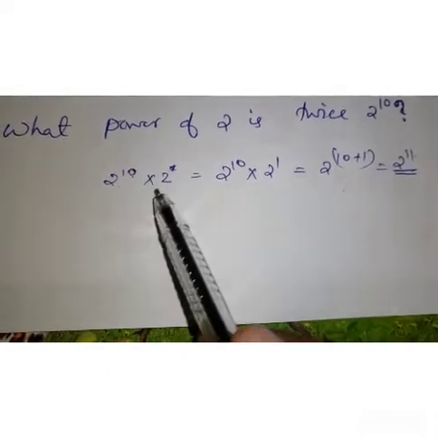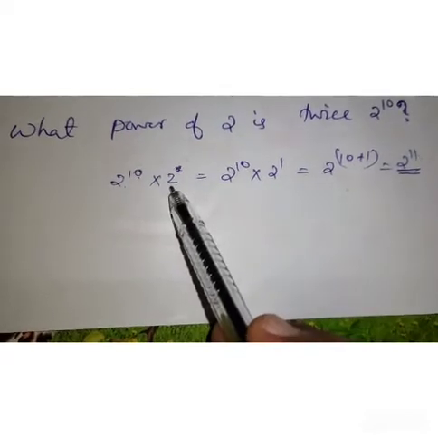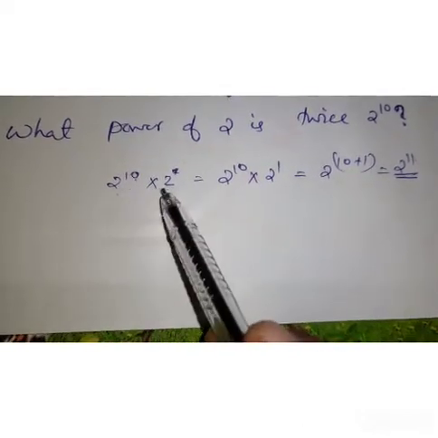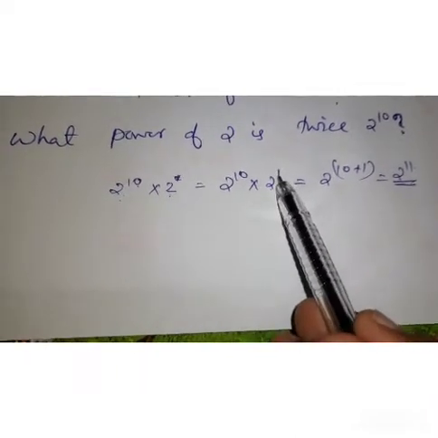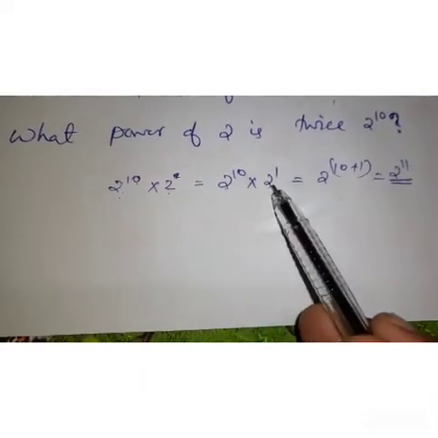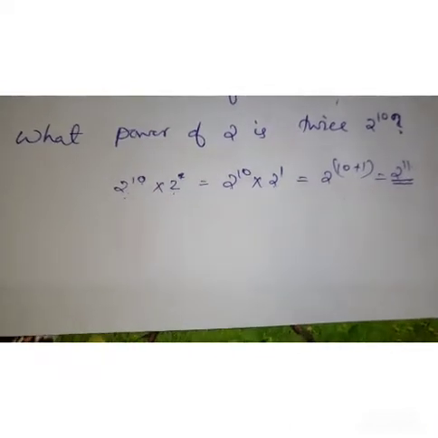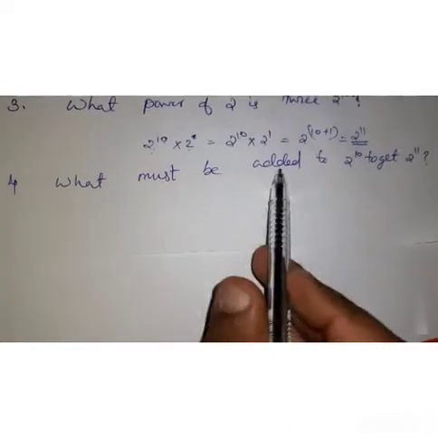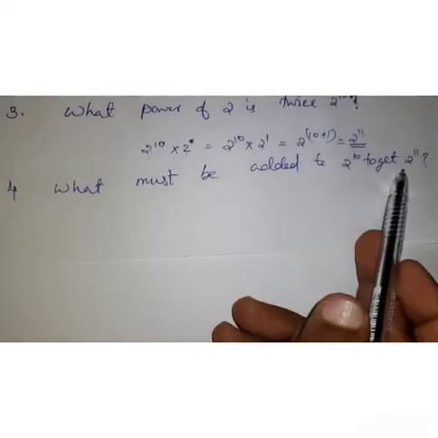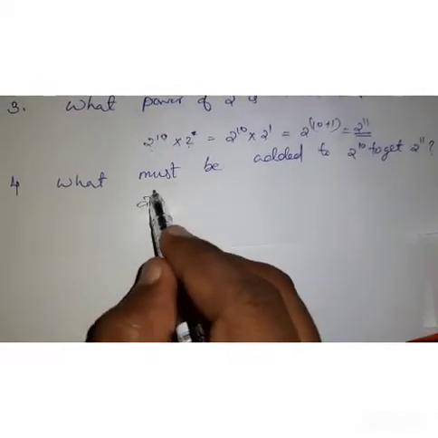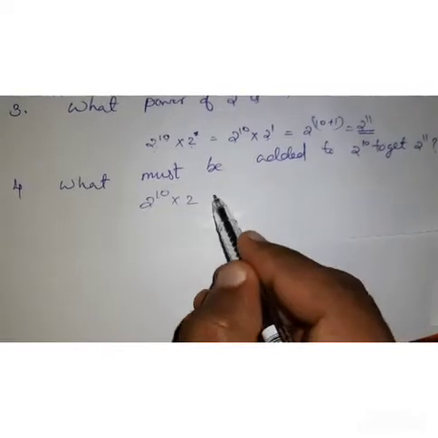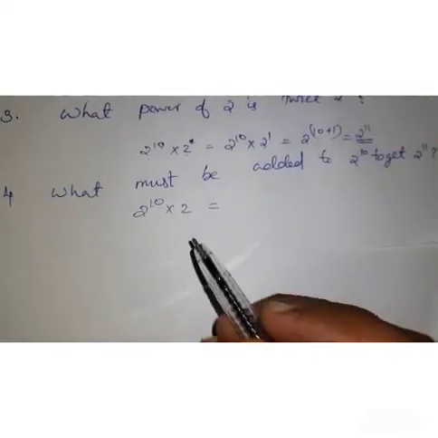Twice 2 raised to 10 means it is multiplied by 2. So 2 means 2 raised to 1 itself. So 2 raised to 10 into 2 raised to 1 is 2 raised to 11. What must be added to 2 raised to 10 to get 2 raised to 11? What is added?